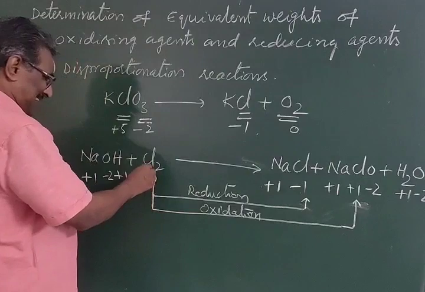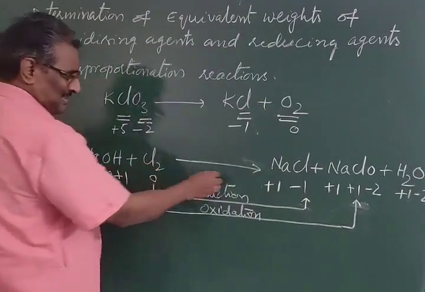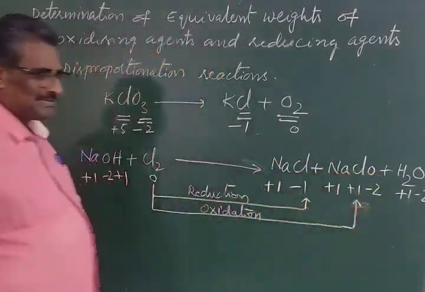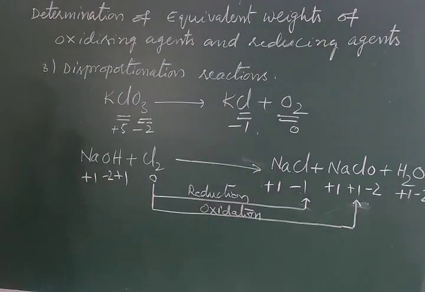Here, consider the number of electrons gained by 2 chlorine atoms. It is not easy to calculate the number of electrons gained or lost from this equation.